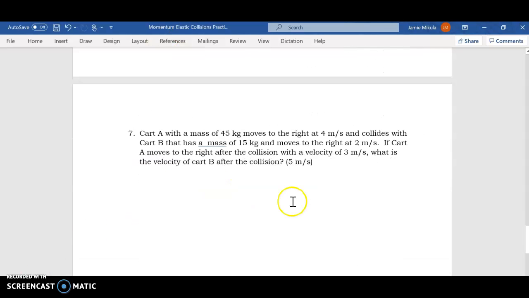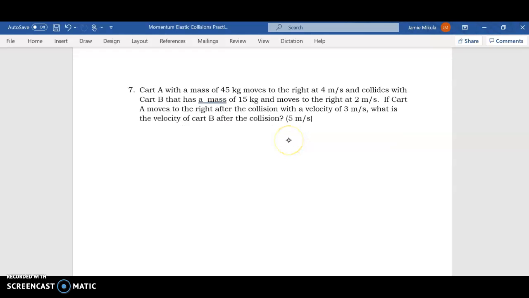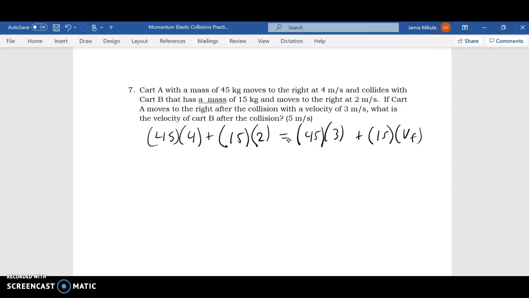Number 7. All right, the first one has a mass of 45, the velocity of 4 plus 15 kilograms at 2 equals 45. After the collision, it moves with a velocity of 3 plus 15 and VF. So 45 times 4 is 180 plus 30. So on this side you get 210.